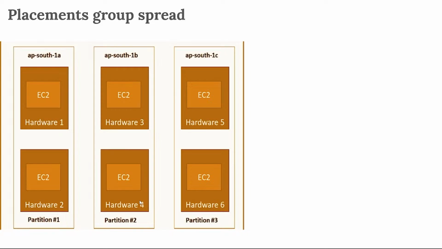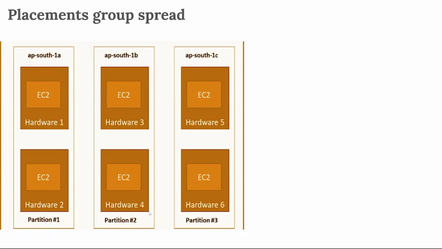These are located on different hardware. Suppose the first is on AP South 1A, then next is AP South 1B, next is AP South 1C. So these are all located on different hardware. Suppose EC2 1 is on hardware 1, the next EC2 is on hardware 2, another is on hardware 3, another is on hardware 4. So what does that mean?